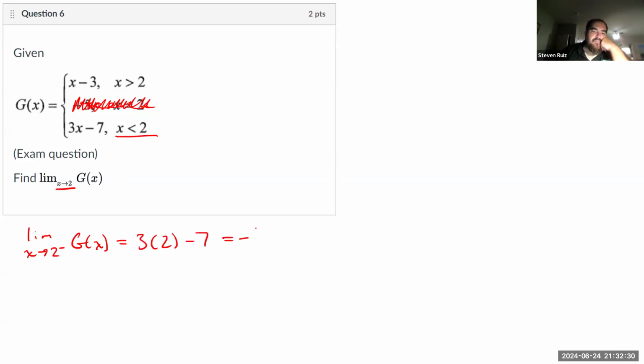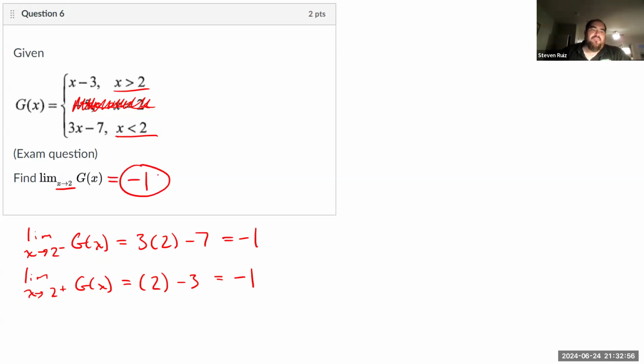So that comes out to be -1. What about as x approaches 2 from above, or from the right? Well, that's going to come from this top definition. So that's going to come from 2 minus 3. That's equal to -1. So the one-sided limits both exist. They both agree. So that means that this limit must take on that value. This limit's equal to -1.